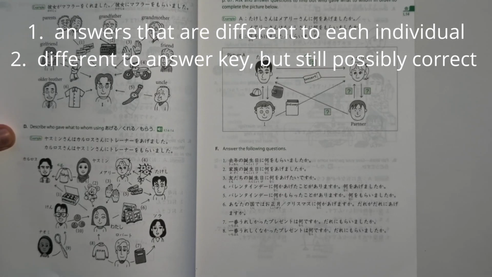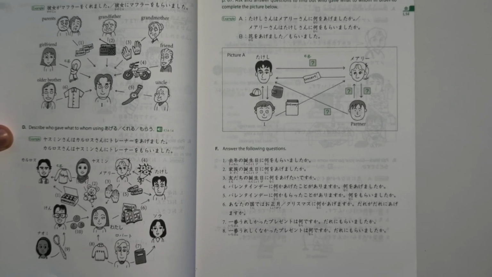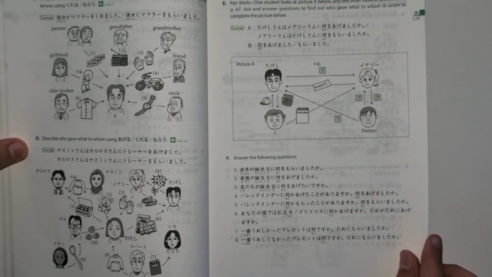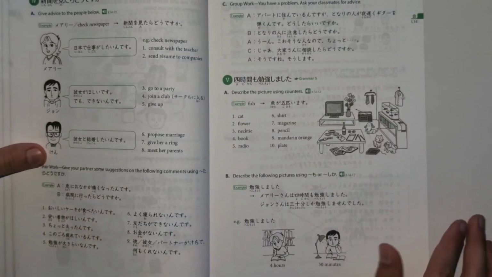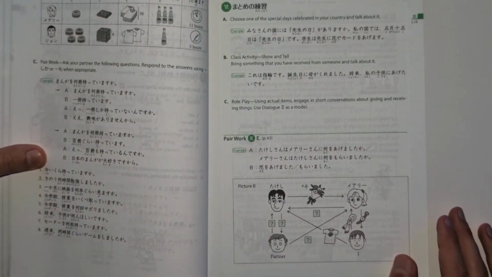Yours might even be better. That's something that's fixed by having a teacher around, either someone who studied Japanese and is already a lot better, or if possible, a Japanese native person who can correct your work. But yeah, that's basically it. After that, I just do the workbook section as well, of course.